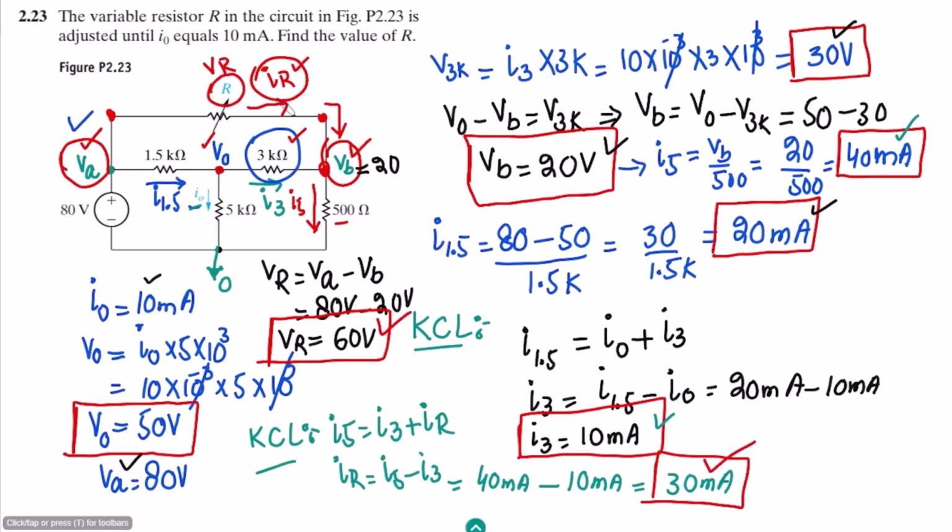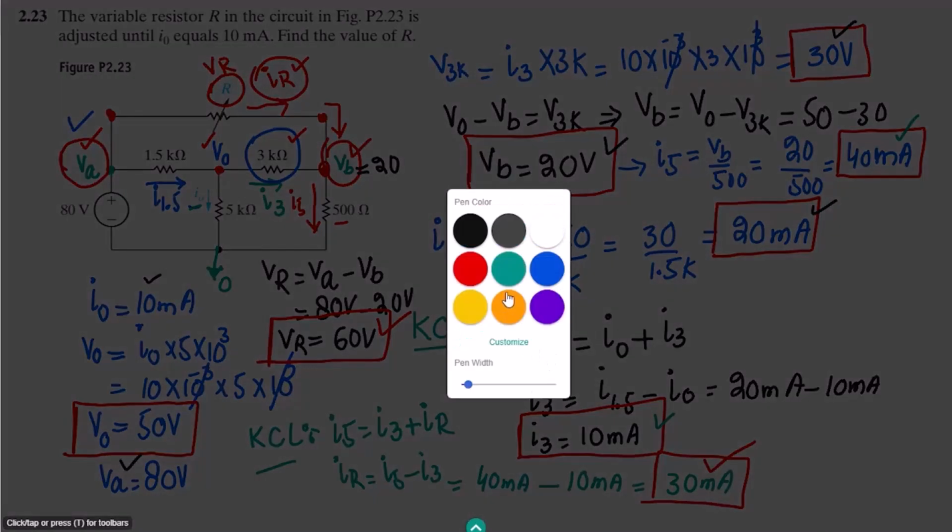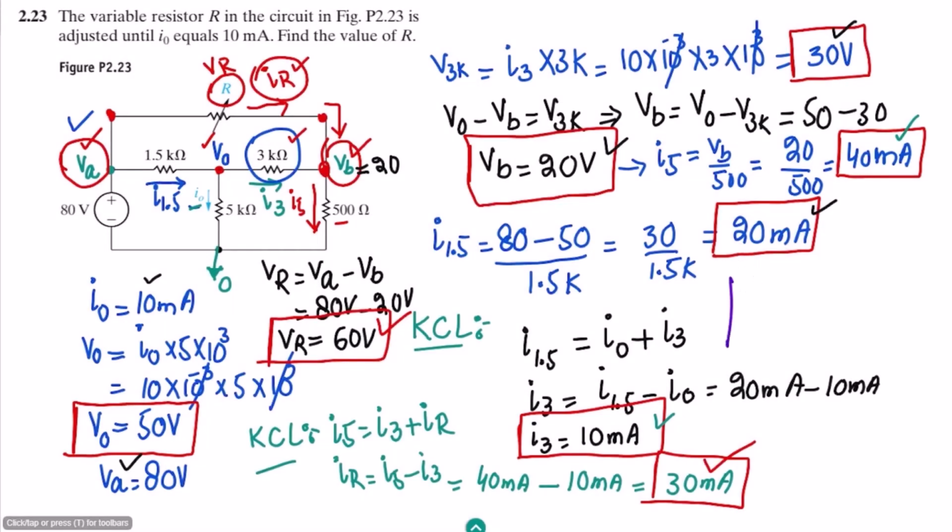I have told you that with each passive component we have three quantities relevant with each other. One is the current, the other one is voltage, and the third one is the resistance. If two of them are known, we can very easily find out the third one. So let me solve it here. By applying Ohm's law we can see that R is equal to VR divided by IR.